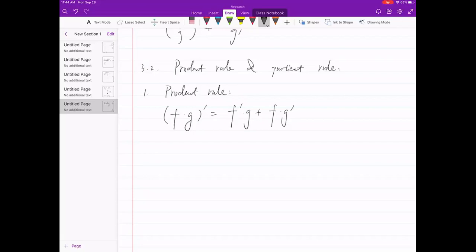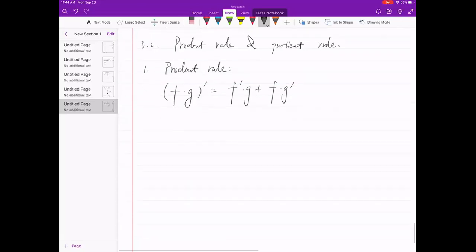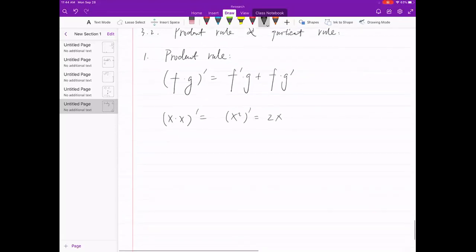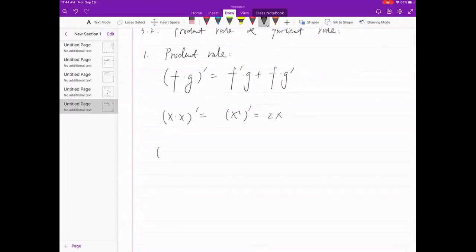Does it work? Well, let's check the easy example we had before. Okay, this one. And we know it should be x squared prime equals 2x. Before, if we use the naive rule, we got 1, which is wrong. But now with the rule here, think about what you're trying to do. This is your f, this is your g, right?